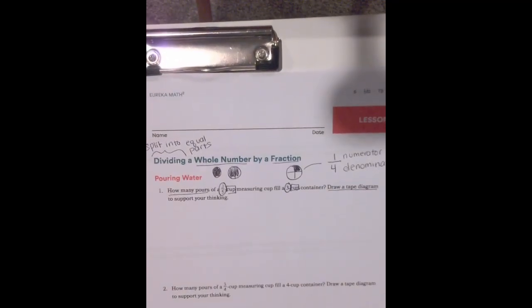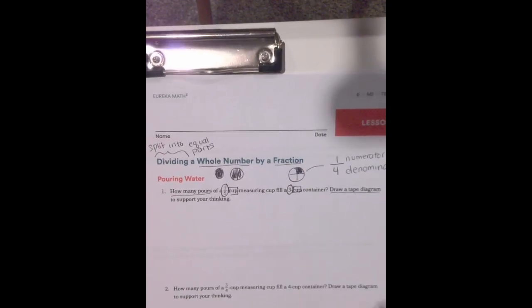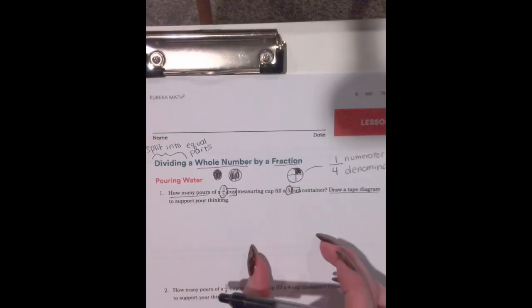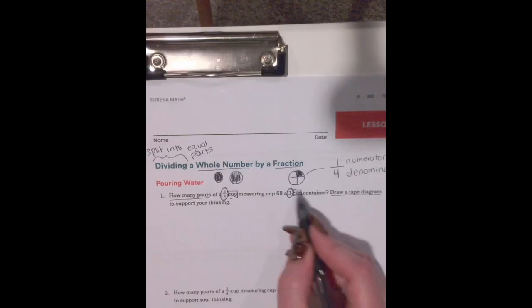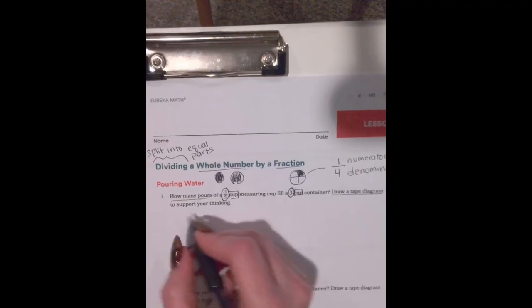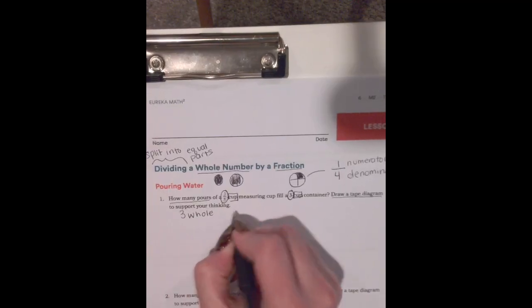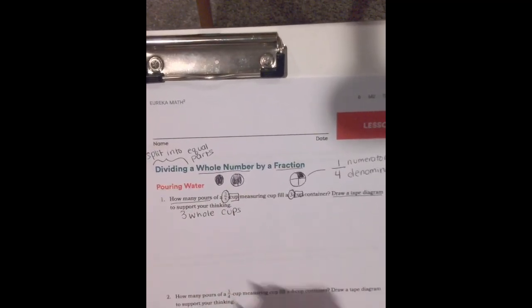So since it told us to draw a tape diagram, that is what we're going to be starting with. I want you guys to think, with our tape diagram, we had different boxes representing different amounts. For this one, we want to have 3 wholes. So we're going to have 3 whole cups, which means we need 3 boxes.